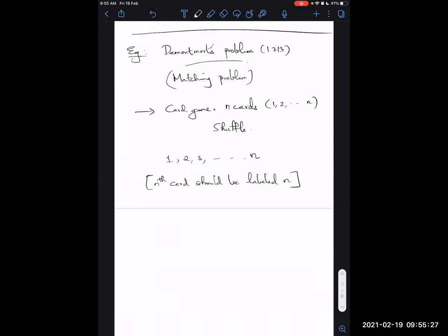So after shuffling, it might end up that the first card comes in the jth position, some position, because it's shuffled. I'm asking what is the probability that the nth card is labeled n, so the numbers match. And this is why it's called the matching problem.